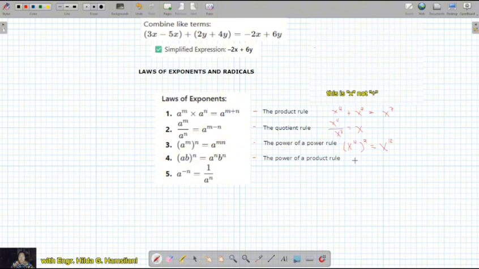Example, xy raised to 4. So the exponent will be distributed to each of the bases. Another form is x raised to 4 and y raised to 4. Then lastly, we have the negative exponent rule.